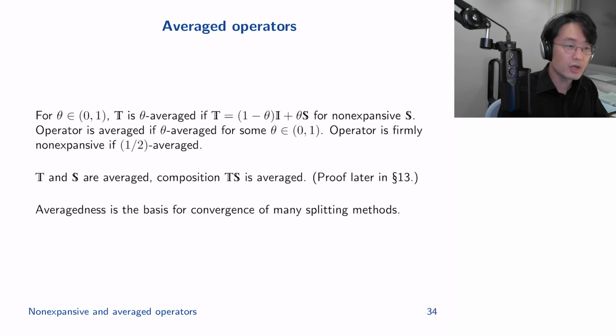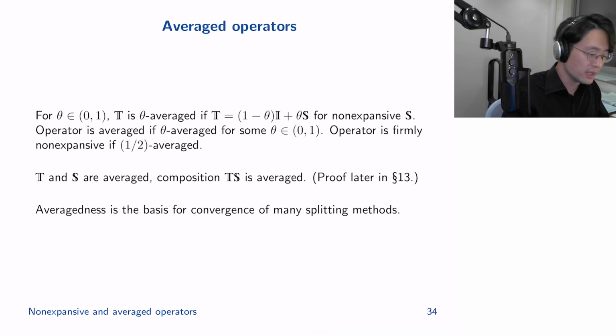The notion of non-expansiveness and contraction is quite standard throughout all of mathematics. But in this class, we will rely heavily on the notion of averaged operators, which is not as widely known as the notion of contraction or non-expansiveness. So let me define what an averaged operator is.